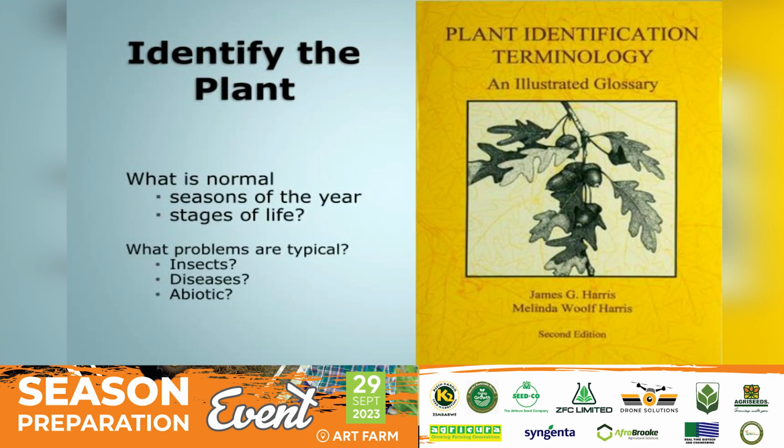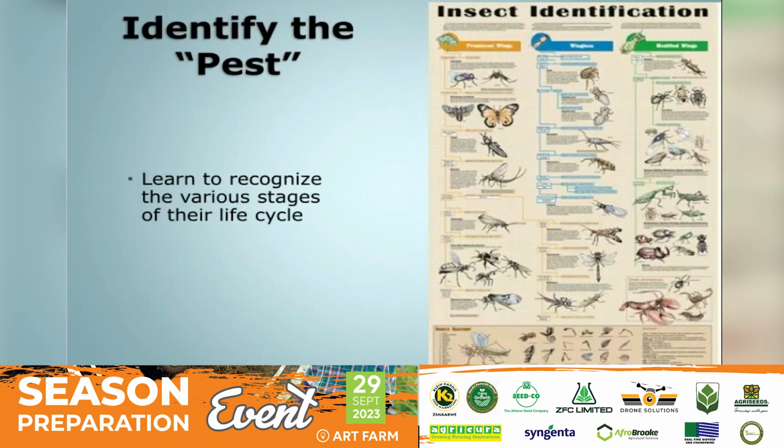Not just women, but pregnant women. So it has to be a pregnant woman, and they claim that it was actually working. So farmers do all sorts of things. Some of them are correct, some of them are not correct. So identifying the pest, very key. Let's go to the next.